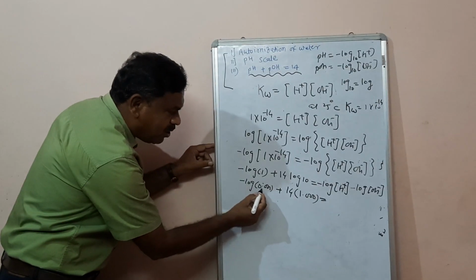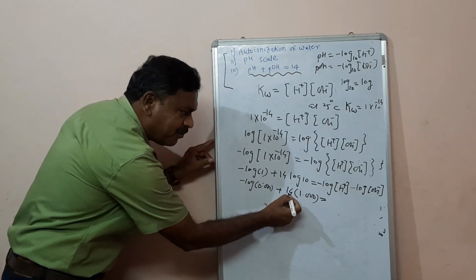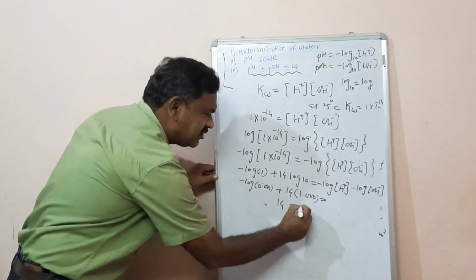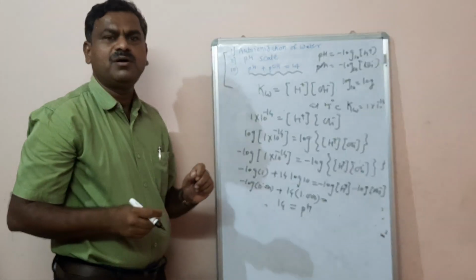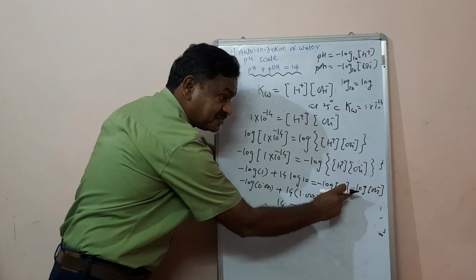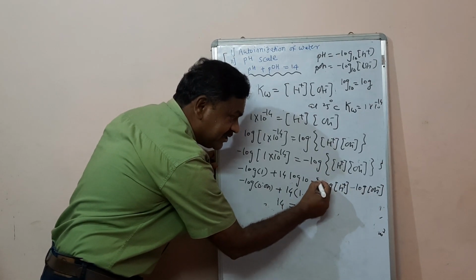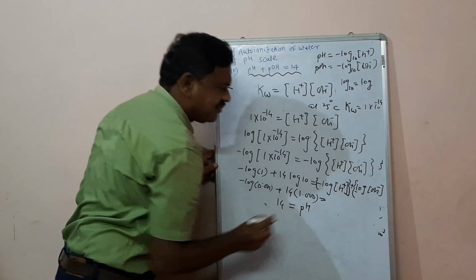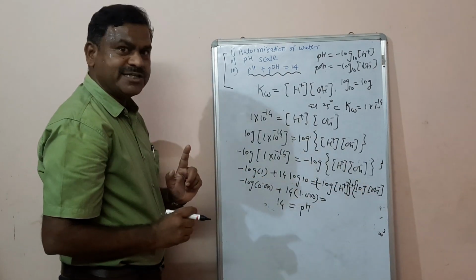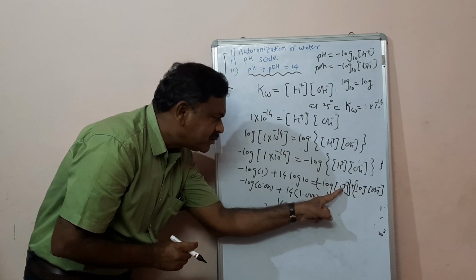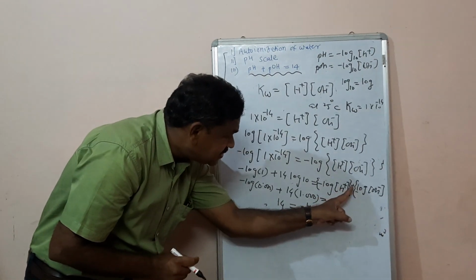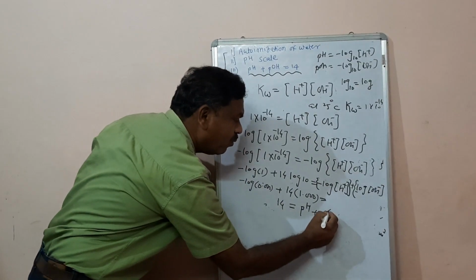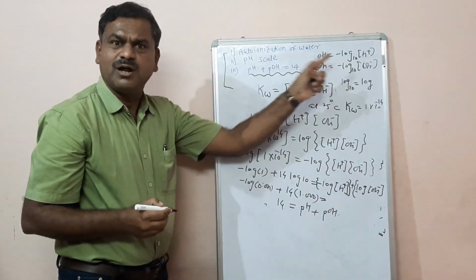Therefore, minus log of 1 means 0, and plus 14 into 1 means 14, is equal to minus log of H plus, which is nothing but the pH according to the definition of pH, plus minus log of OH minus ions, which is nothing but the pOH according to the definition of pOH.